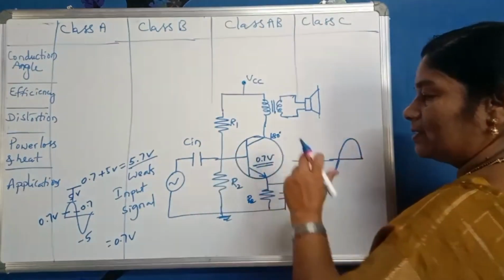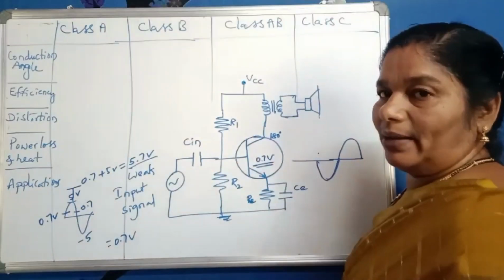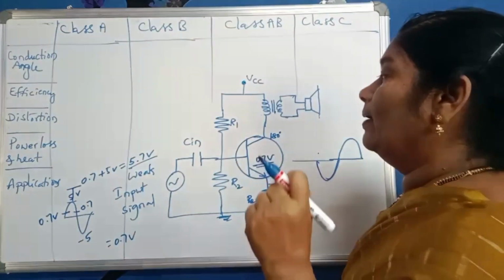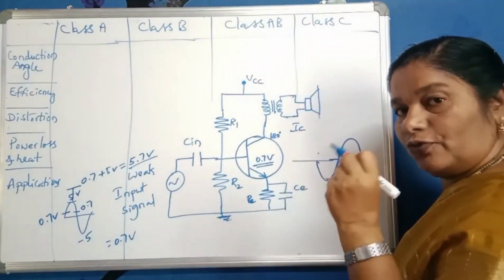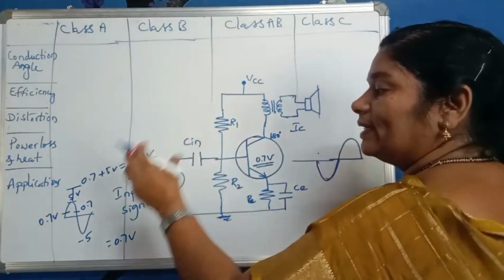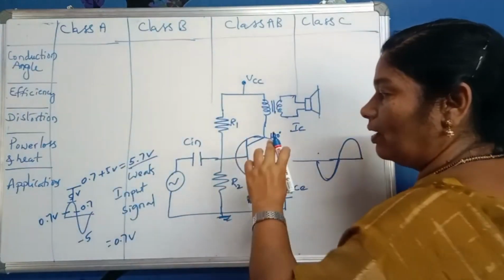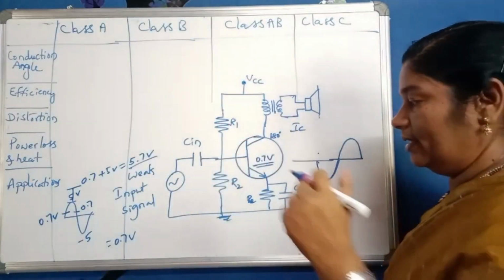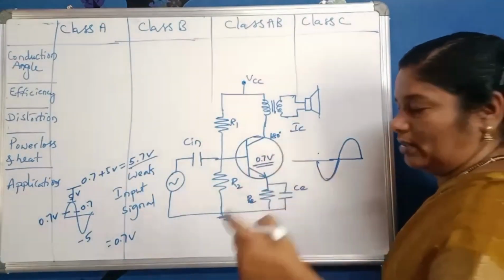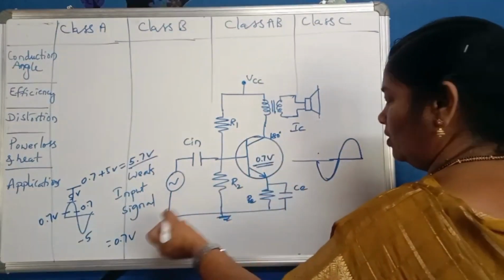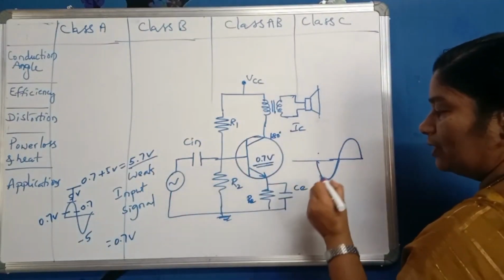So this type is called a class A power amplifier. That means the collector current IC flows for the complete cycle of the input signal. Then it is called a class A power amplifier. Here you can observe that there is no loss of the signal, and also no distortion.